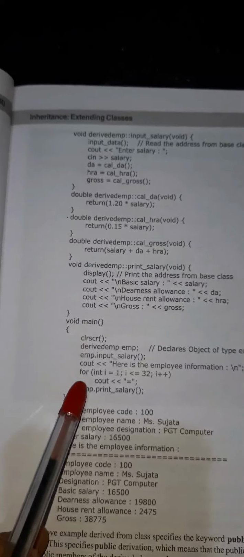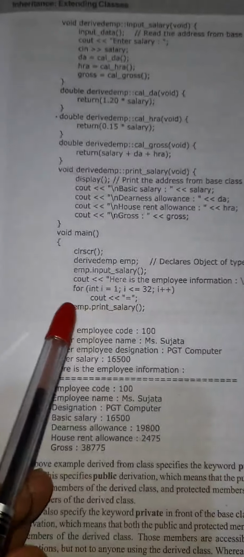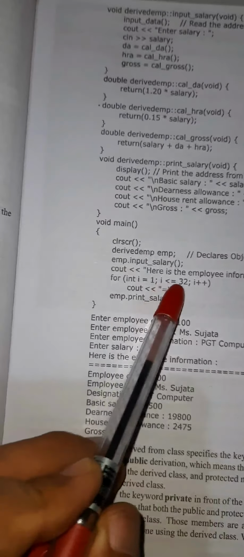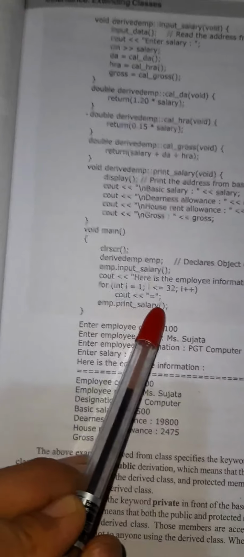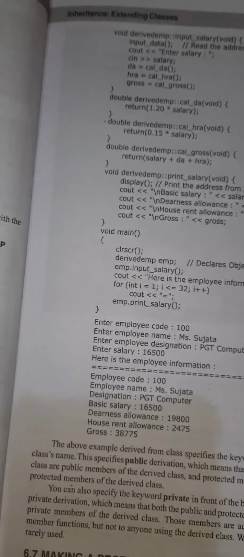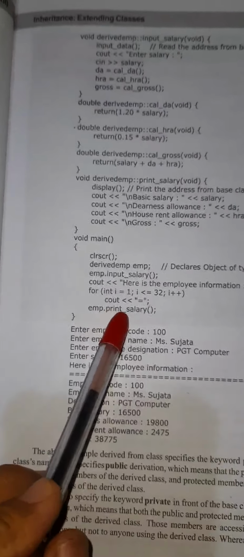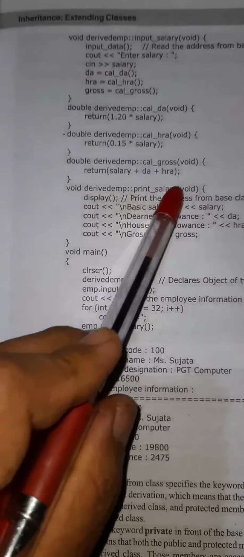Then after that we come back to the next line statement, cout, here's the employee's information. The for loop gets executed, the equal-to sign gets printed out 32 times. And then emp dot print salary. This member function also belongs to the derived class, and the object invokes this member function, and then it calls this member function to be executed.